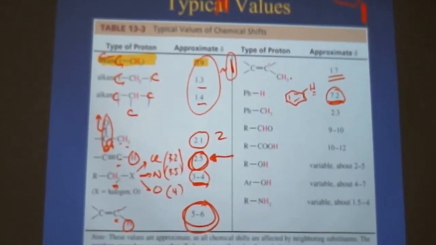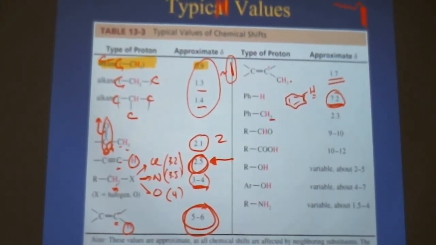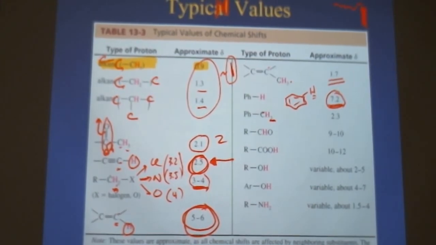This is directly attached to a benzene ring. These are not directly attached to a benzene ring. These are attached to an sp3 carbon, which then is attached to a benzene ring. These come a lot lower, at about 2 to 2.5.